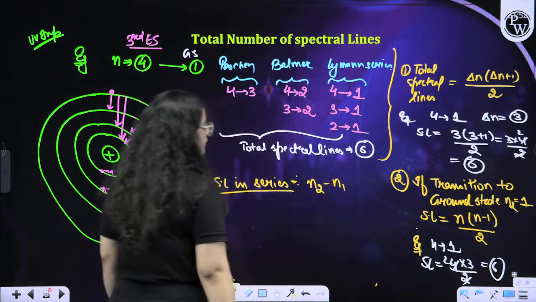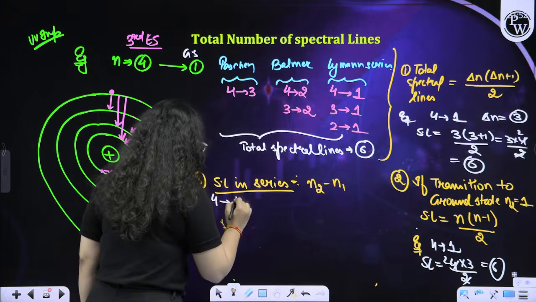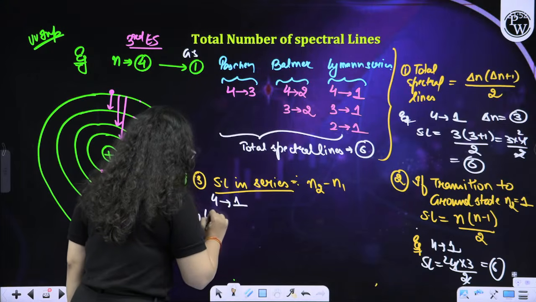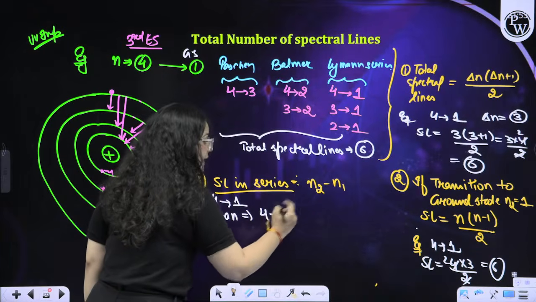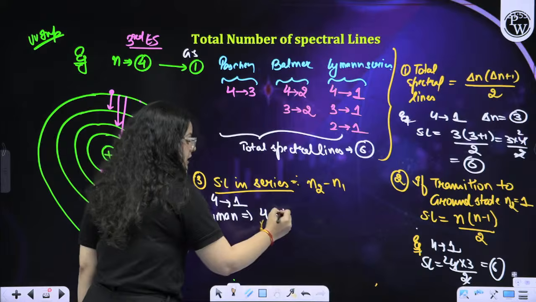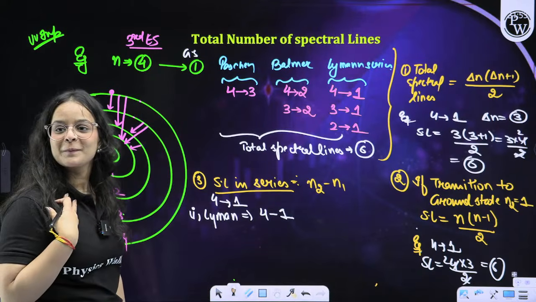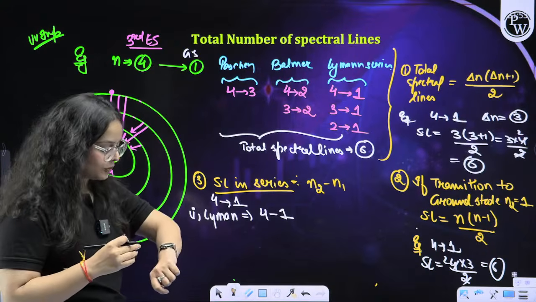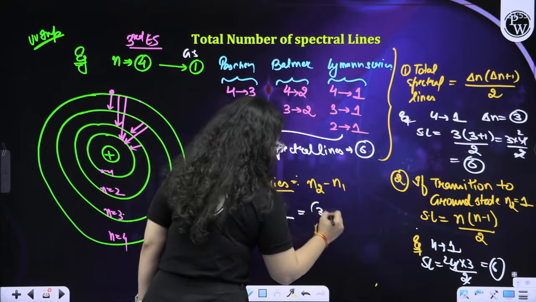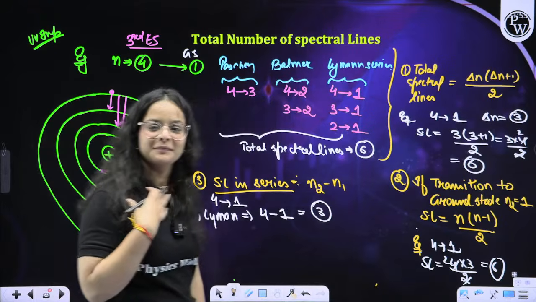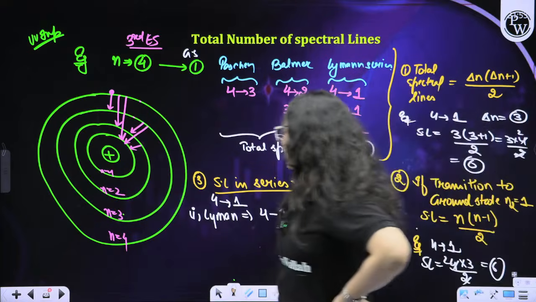For example, I'm taking the 4 to 1 transition, the Lyman series. Using the formula, n2 is 4 and n1 for the Lyman series is 1, because Lyman is for 1. So it comes out to be 3. This is how we get the formula.